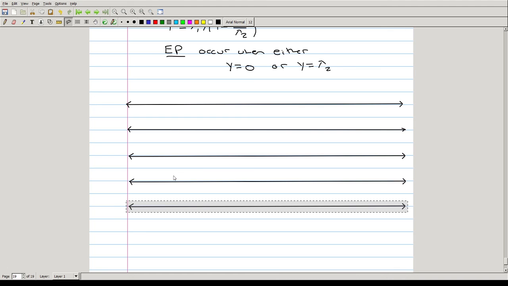And what makes this slightly complicated is that we have two parameters now. So we have to look at when lambda 1 is negative and when lambda 2 is negative. We have to look at when lambda 1 is equal to 0 and lambda 2 is negative. You have to look at when lambda 1 is equal to 0 and lambda 2 is positive.